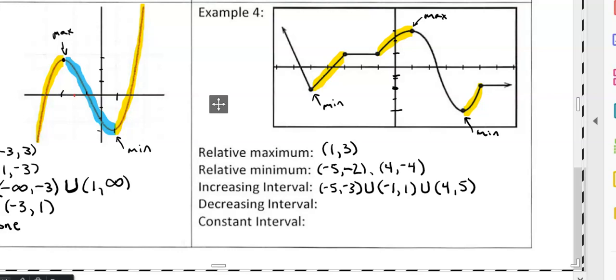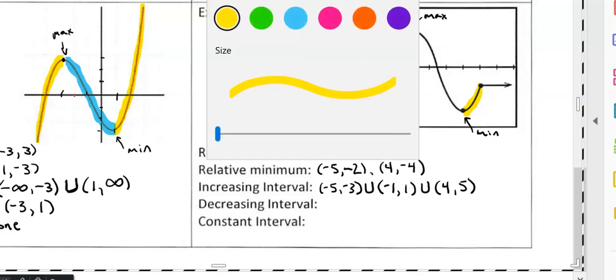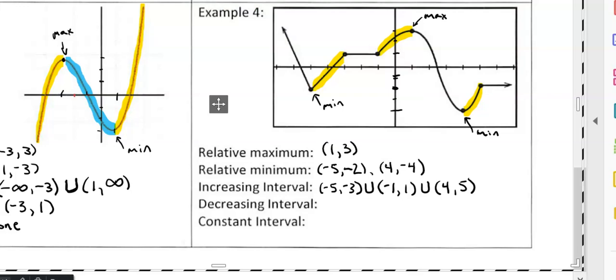The decreasing intervals, it's decreasing along here because it's going down from left to right. This part's horizontal, so that's not decreasing. Then from here to here, we see it's going down. And so there's two decreasing intervals. And they would be from -infinity up to the point -5.